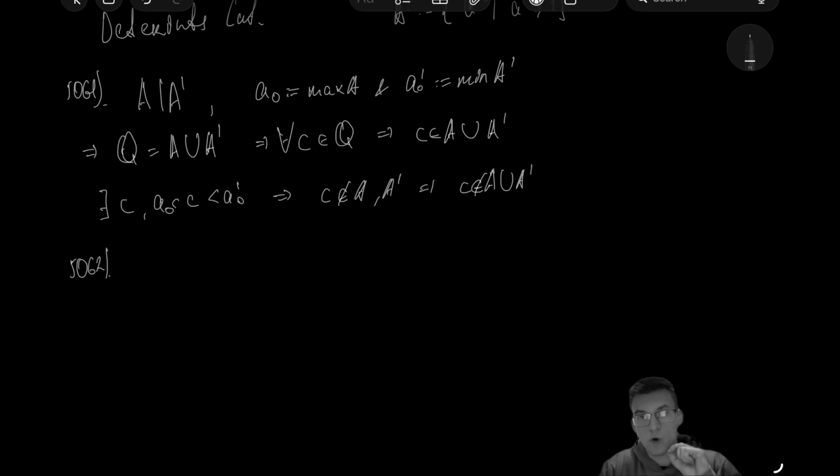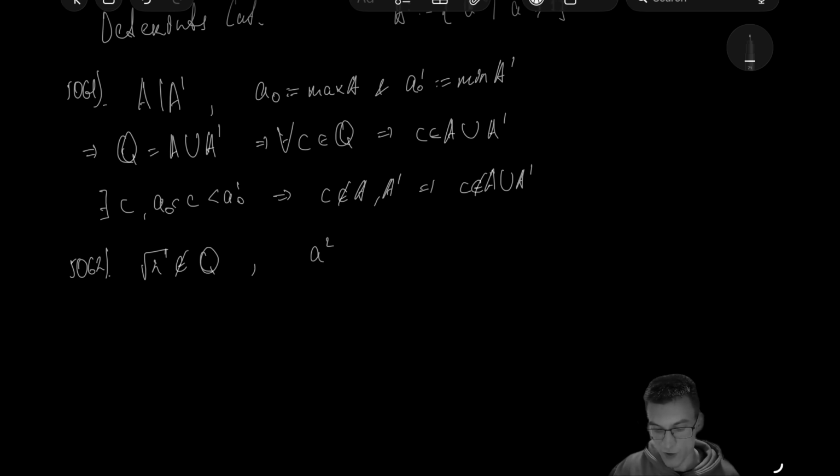Yes, but there is one small wrinkle here. Let's consider the following example. We already proved in our previous episode that the square root of 2 is not a rational number. So what if we consider numbers a such that a square is less than 2? In this case, we can define two sets. The set a is the numbers a which are positive, and a square is less than 2.